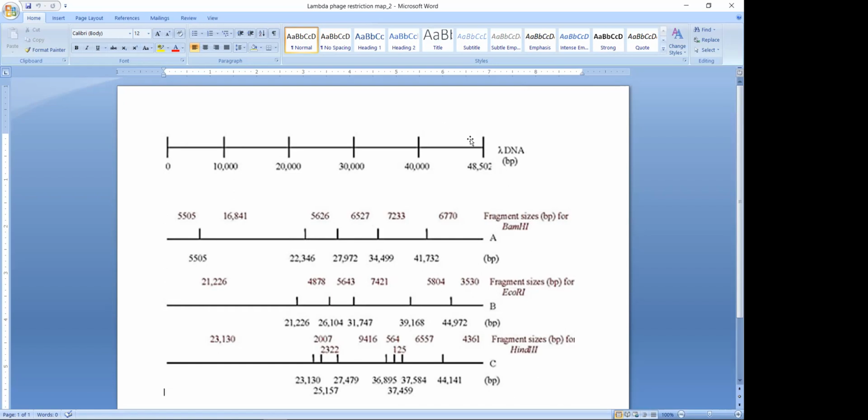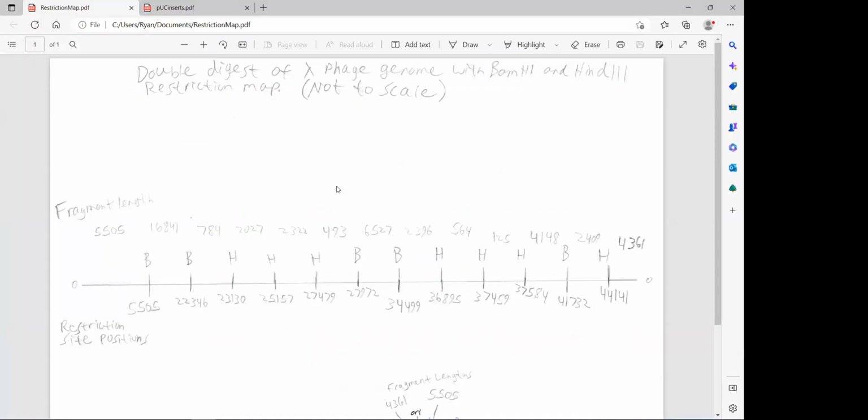Yes, that's right. So he said that to calculate all of the individual fragment lengths, that's for this other one right here. To find the fragment lengths for this picture, you would have to take all of these base pair positions and subtract one from the other. So for example, these first two: you take 22,346 and subtract this 5,505, and you get this number right here for this fragment length.